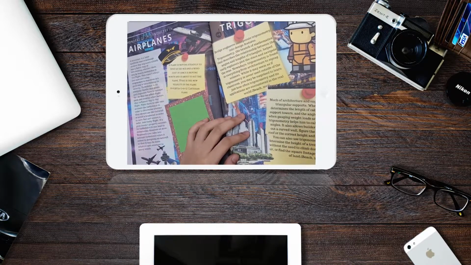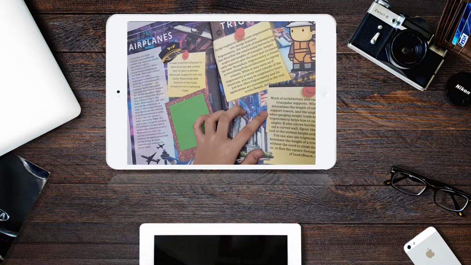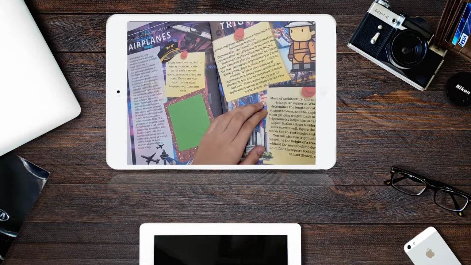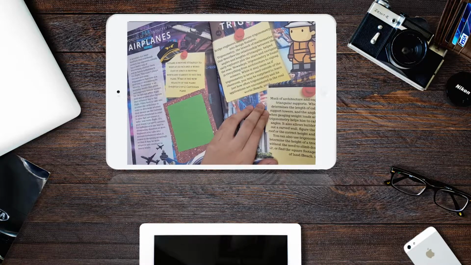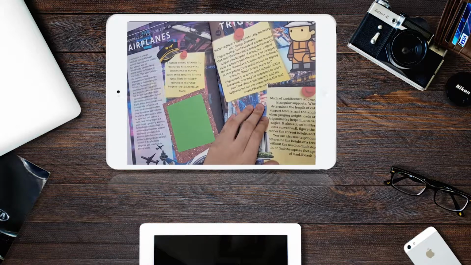Much of architecture and engineering relies on triangular supports. When an engineer determines the length of cables, the height of support towers, and the angle between the two when gauging weight loads and bridge strength, trigonometry helps him to calculate the correct angles.